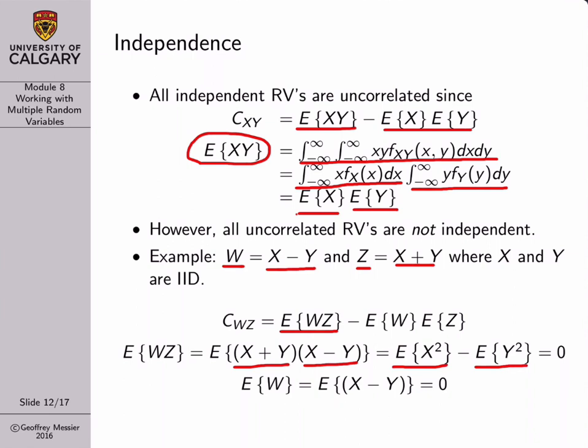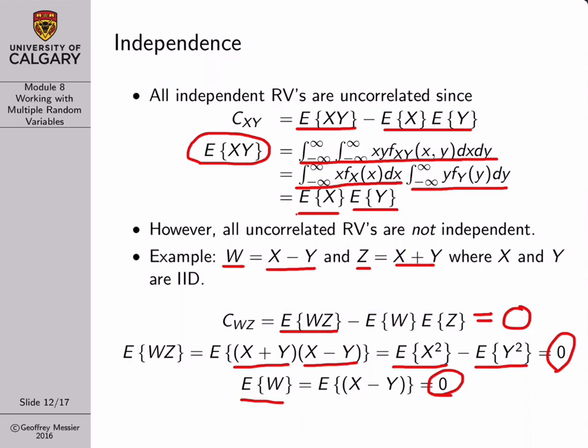However, since x and y are identically distributed, this is equal to 0. Now, we determine the mean of w, which is the mean of x minus y, which ends up being the mean of x minus the mean of y. Again, because they're identically distributed, these two means are equal, and so this result is equal to 0. As a result, the overall covariance is equal to 0.